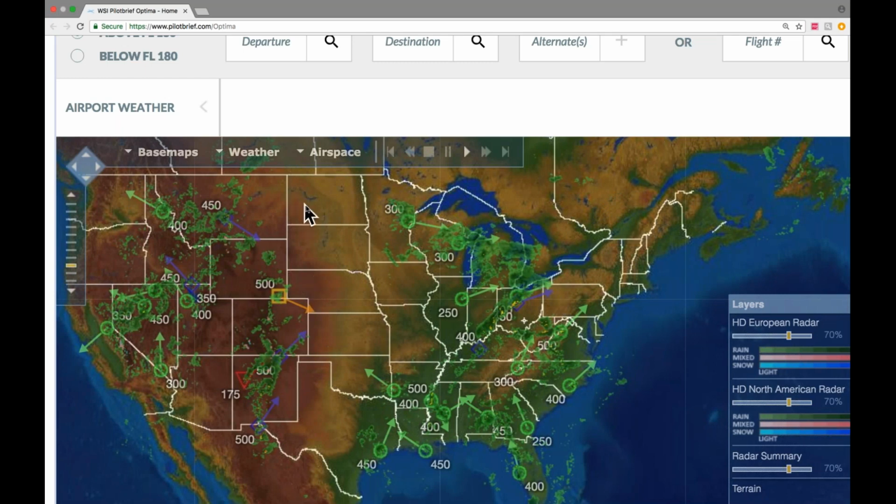So the highs, think of it as like a raised spot on the map, okay? So the highs are rotating clockwise and down.